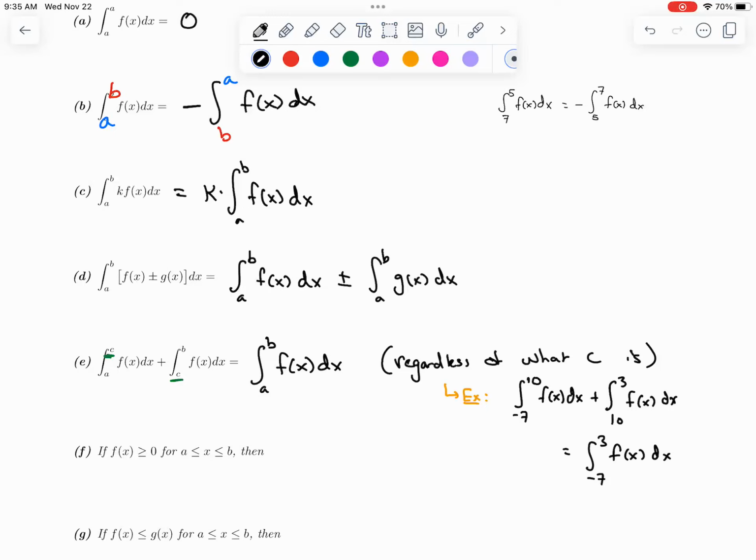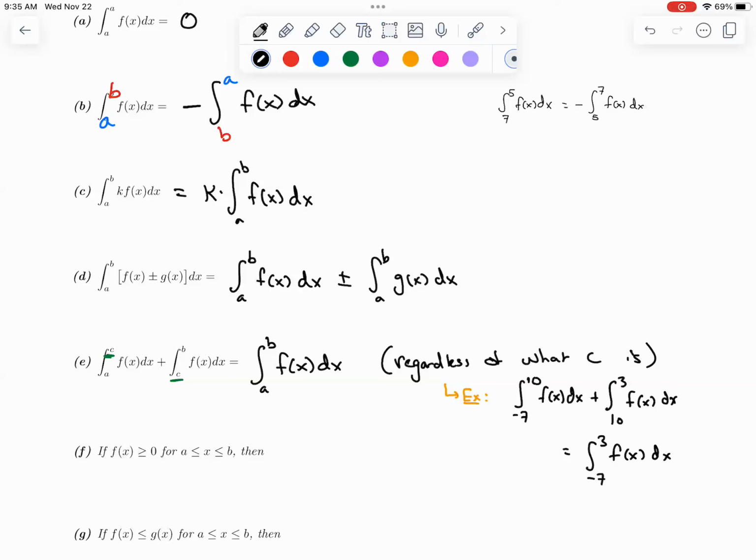That 10 is on both the top of the first integral and the bottom of the second integral. So even though it looks weird, right? This is an integral from 10 to 3, so the bottom bound is larger. It does not matter. As long as they have the same number, you can combine them.